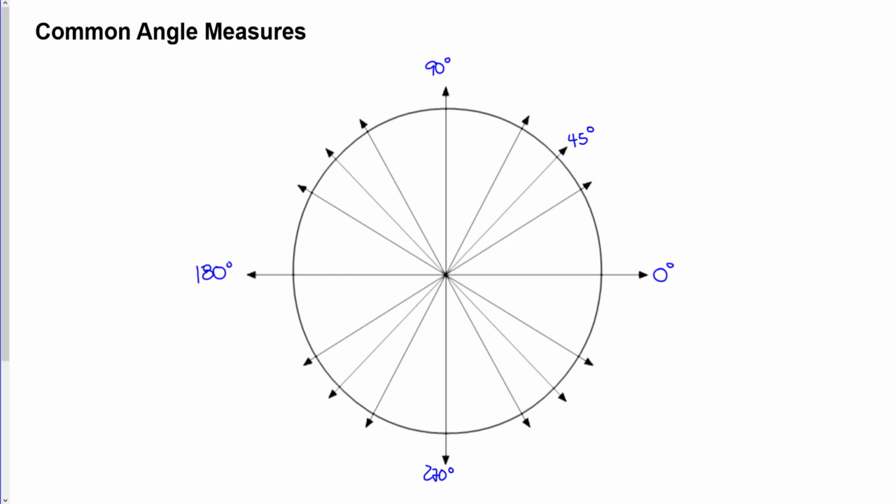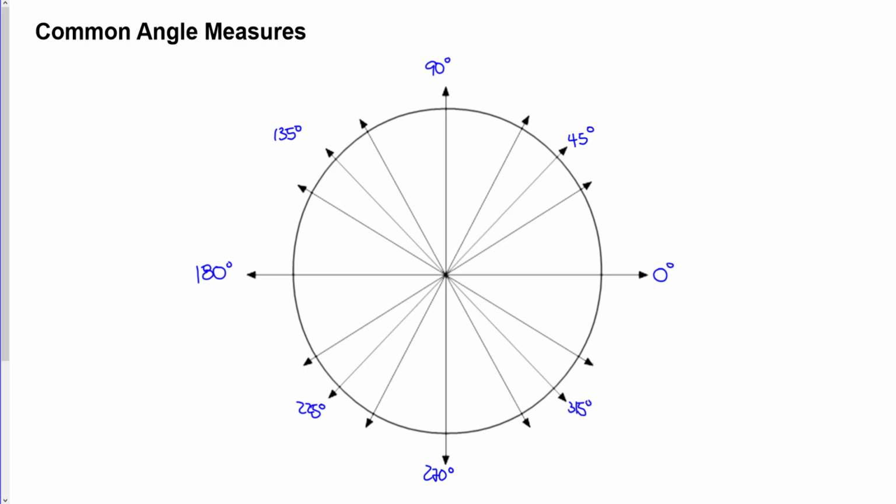So the next 45-degree angle measure would be 90 plus 45, which is 135. So that's the equivalent of a 45-degree angle measure in quadrant 2. So if you go 180 plus 45, then that gives you 225 right here, and 315 in quadrant 4.